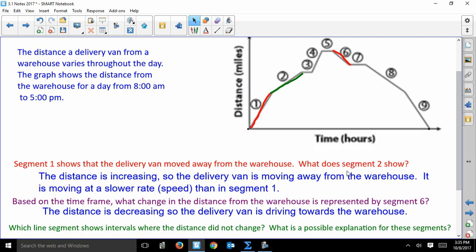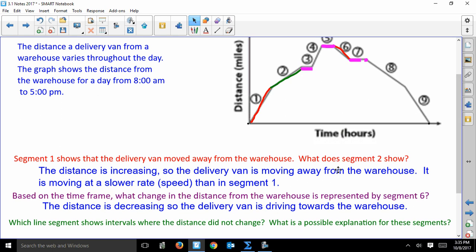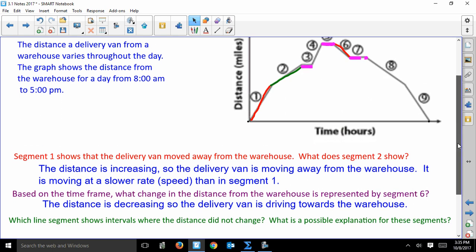The third question asks, which line segment shows intervals where the distance does not change? So segments where the distance does not change would be segments 3, 5, and 7. The distance is not changing. That means that the van is not moving away from or towards the warehouse.